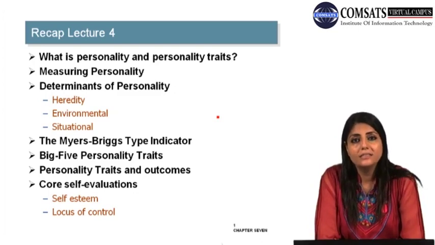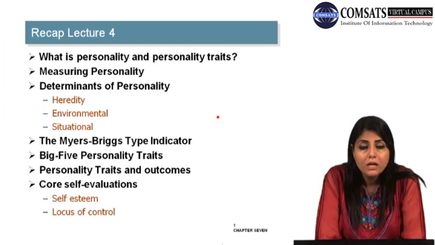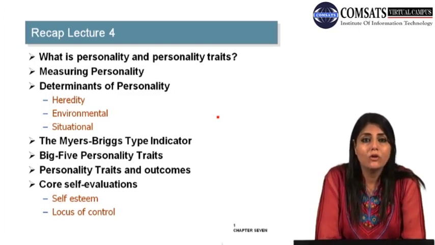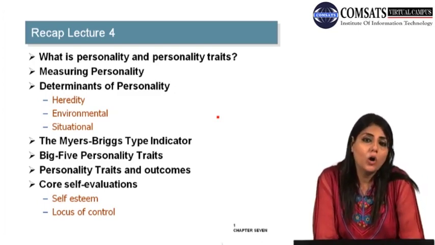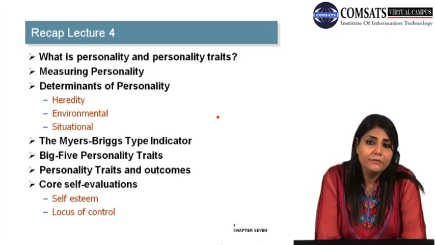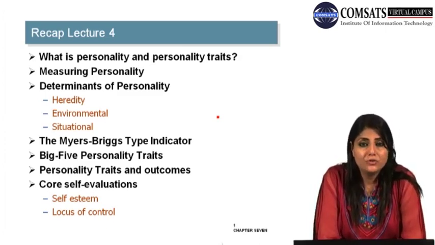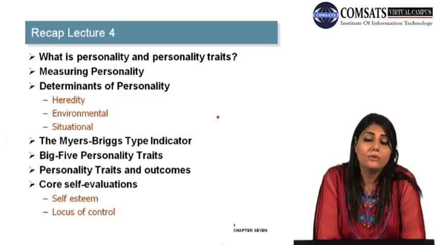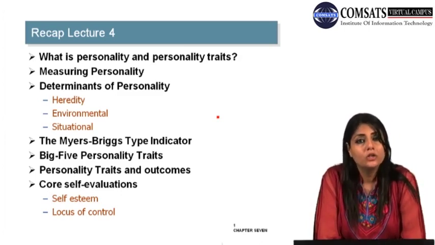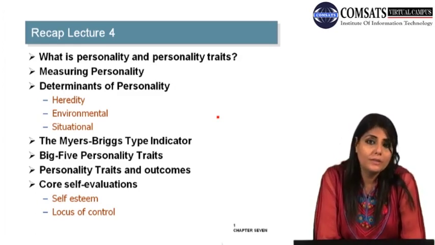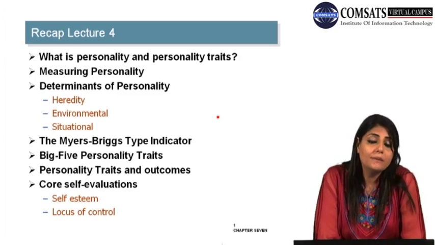So we discussed that they are considered partially stable personality traits, and it is important for you to understand this distinction, how and why there are differences between the personality traits that are stable or that are partially stable. Some of the personality traits are stable and some are partially stable.